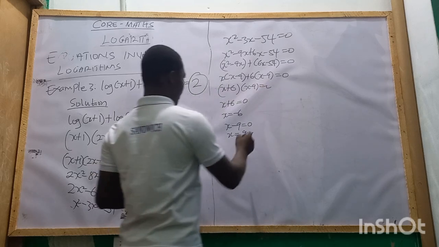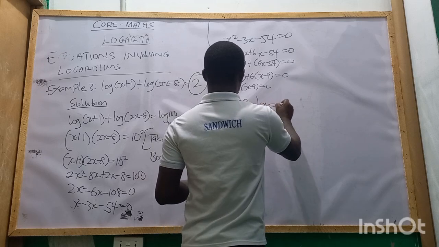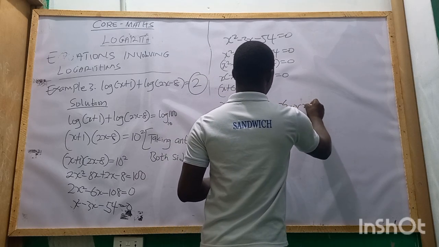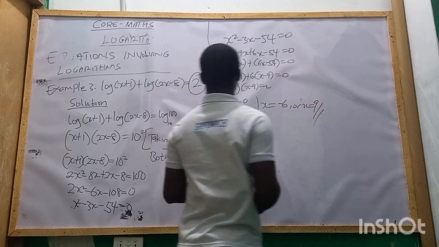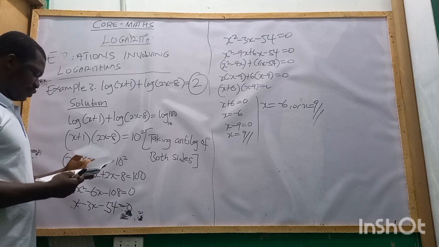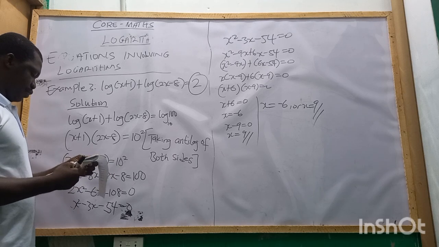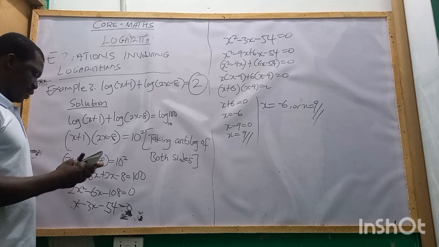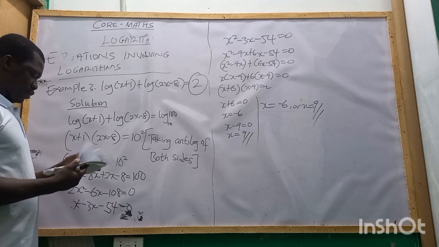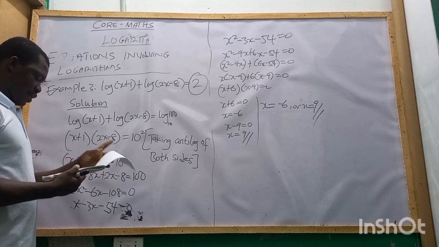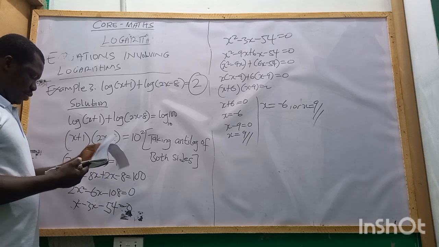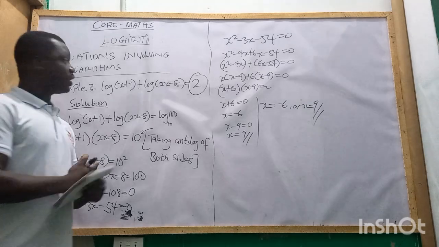Okay, so that's it. So my x equal to negative 6 or x equal to what? 9. So today we are only solving examples, right? Okay, so let's take our example 4, right? Then I'll give you some trial work. Then we'll take another one or two examples, then we'll call it a day, right? So let's take an example first.